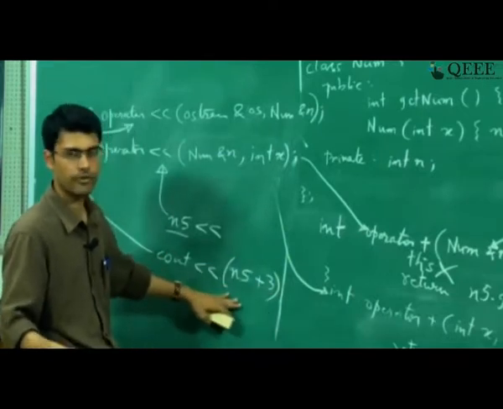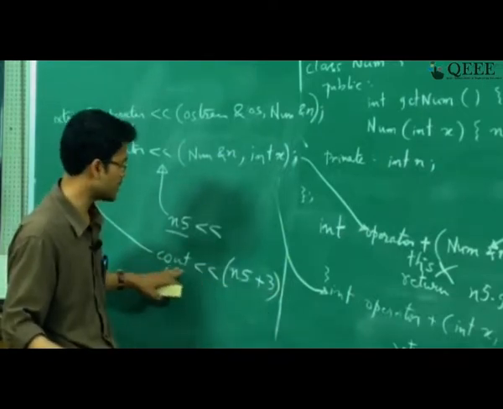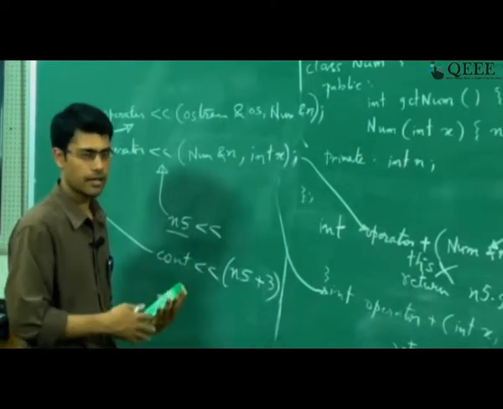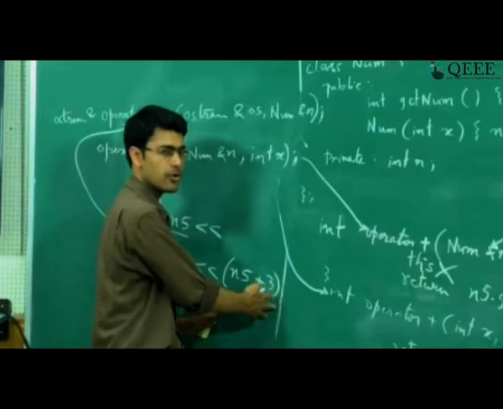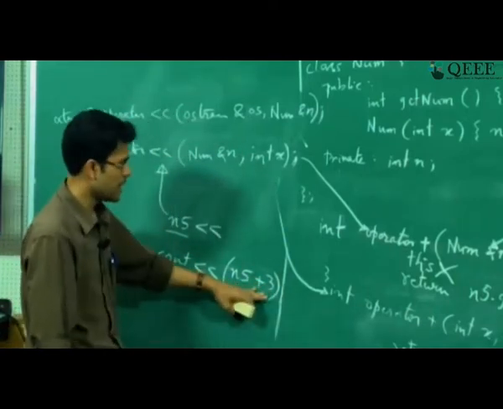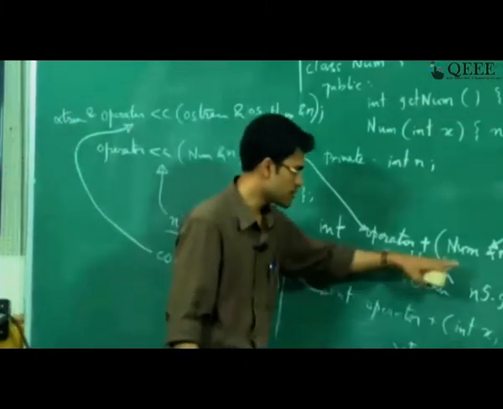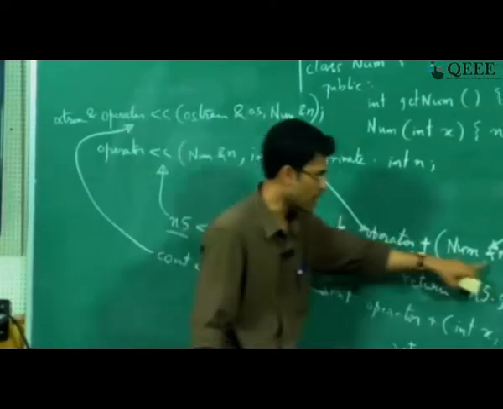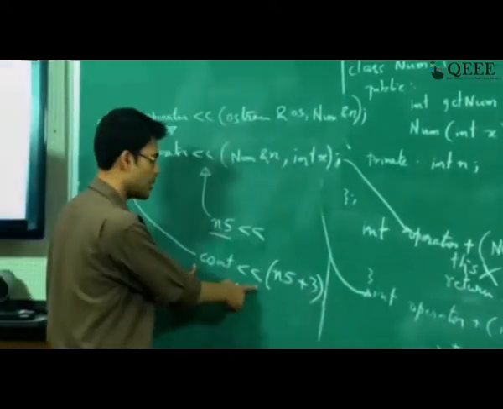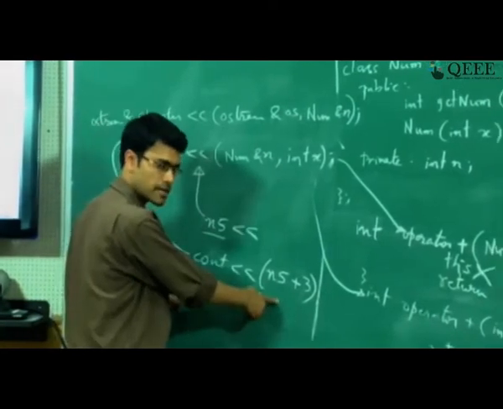So this is an expression involving an object, and you are defining it on cout. In such cases, what you return out of this plus defines whether we need to overload cout or not. If that plus is defined on num and integer, and it is returning an int, there is no problem because cout is defined for integer.